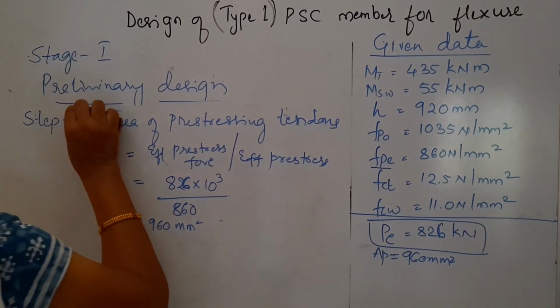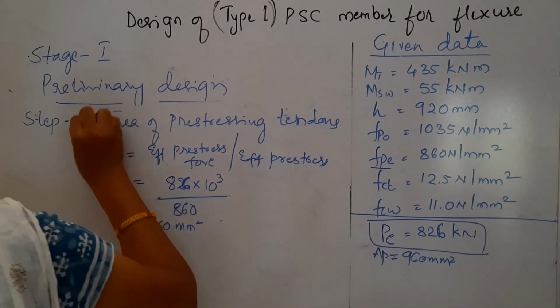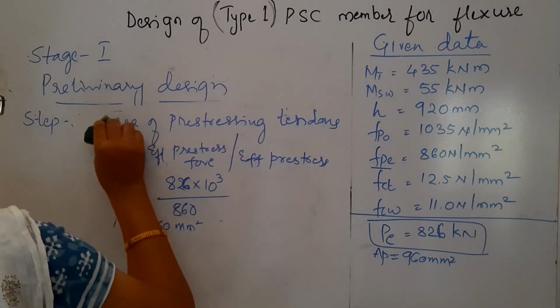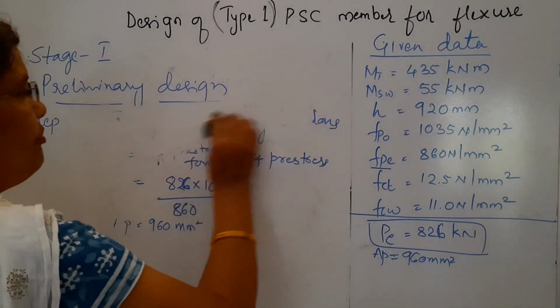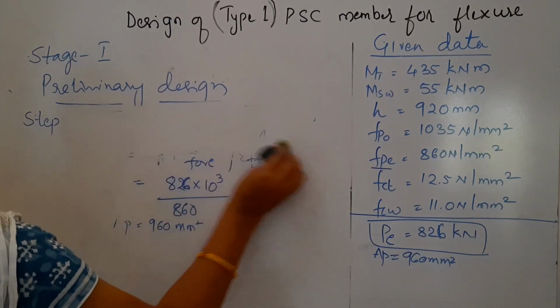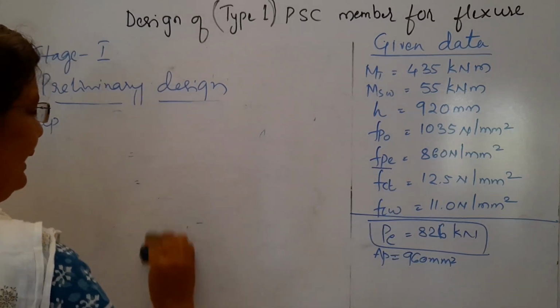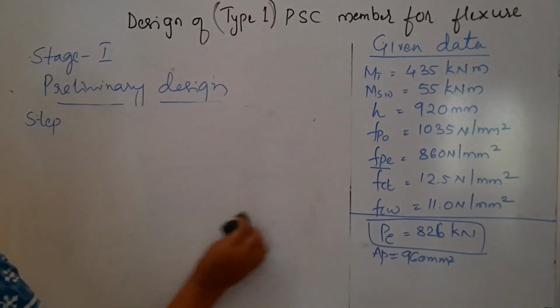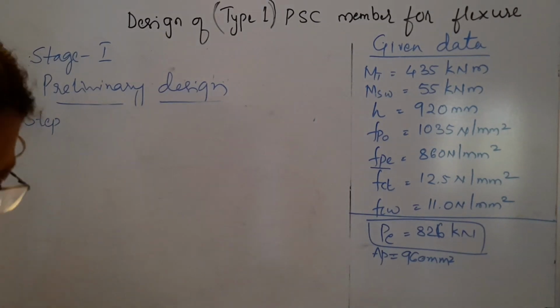Then step 4, estimate the area of section, the concrete section, how much it should be as per the calculation. Then we can select the trial section for that.